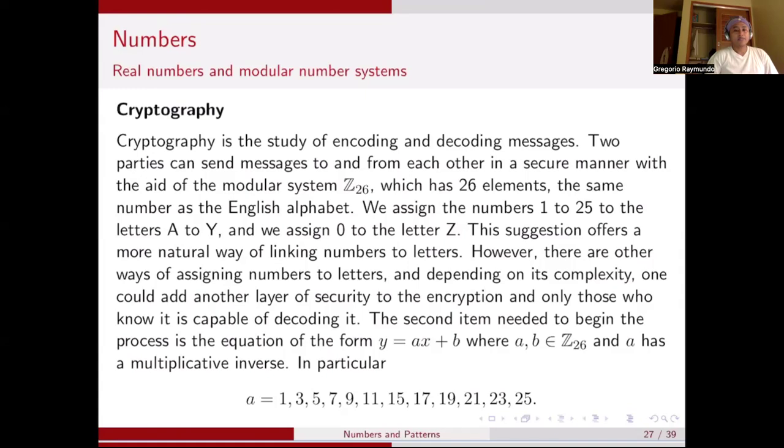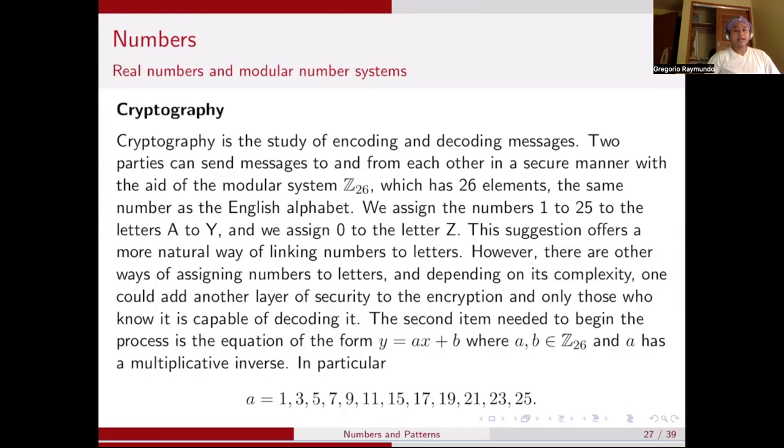This suggestion offers a more natural way of linking numbers to letters. However, there are other ways of assigning numbers to letters, and depending on its complexity, one could add another layer of security to the encryption, and only those who know it are capable of decoding it. The second item needed to begin the process is the equation of the form y equal to ax plus b, where a, b are numbers in Z26 and a has a multiplicative inverse.